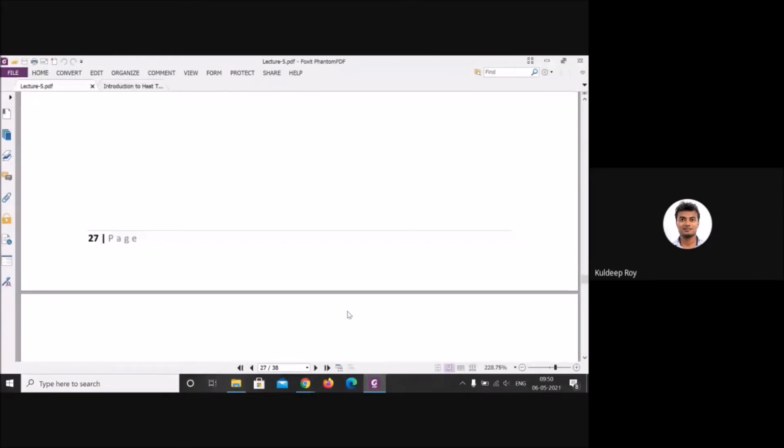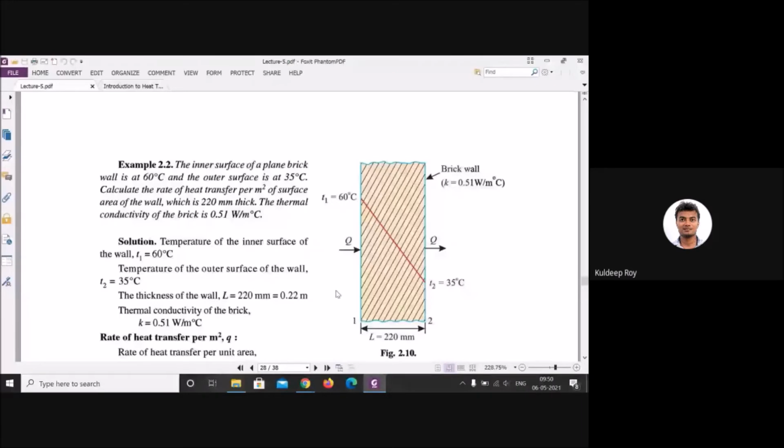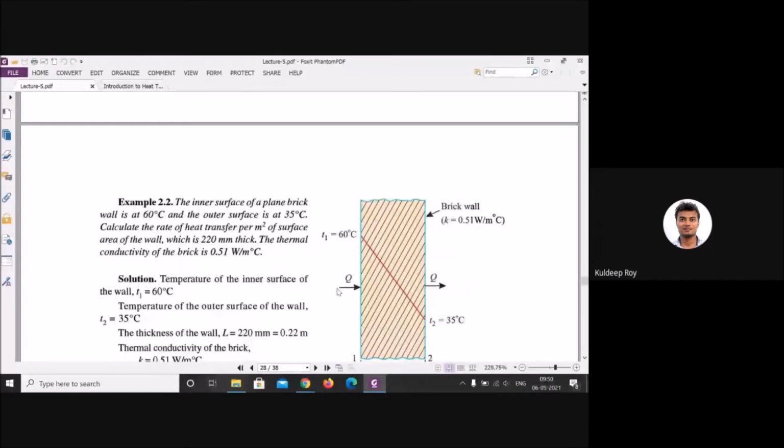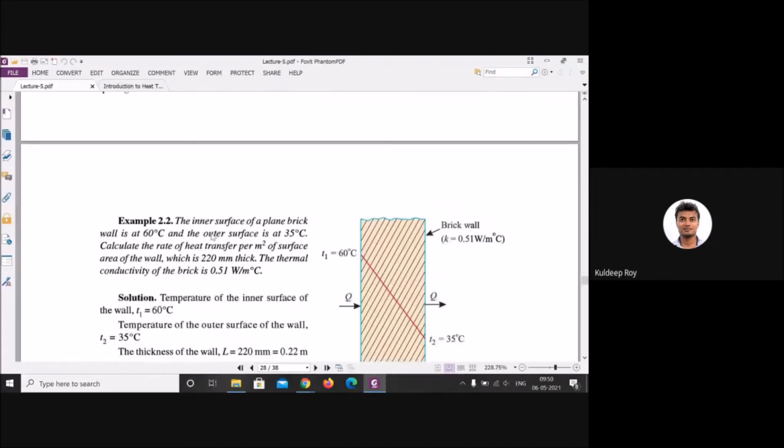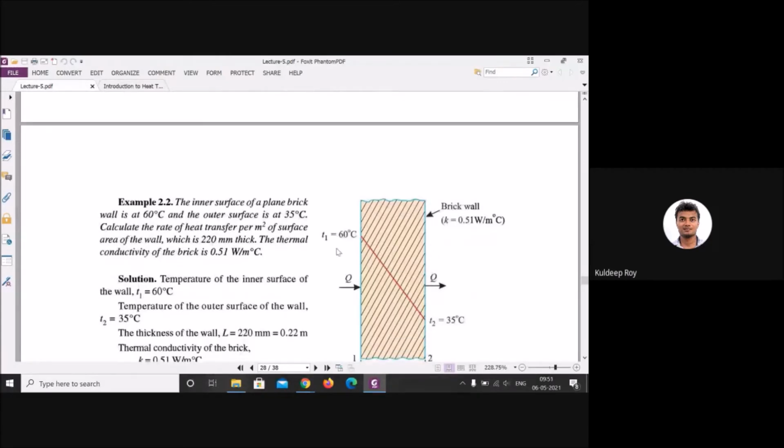Now we will solve a few problems so that we get an idea of how conduction takes place in a composite wall, in a plane surface, and how we can determine the overall heat transfer. First, we will solve this problem: the inner surface of a plain brick wall is at 60-degree temperature, and the outside temperature is 35-degree temperature.